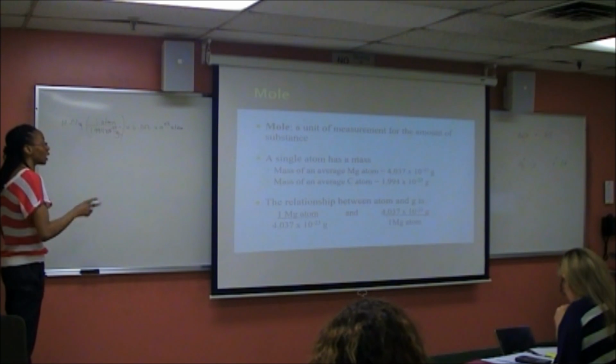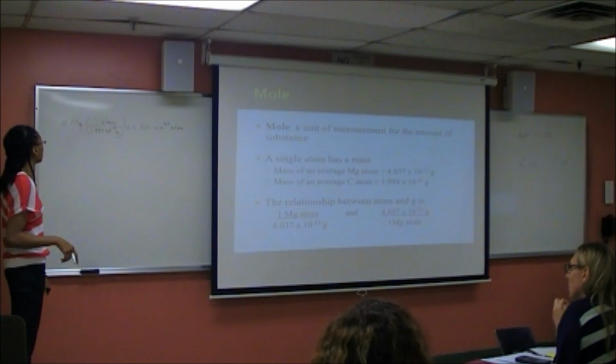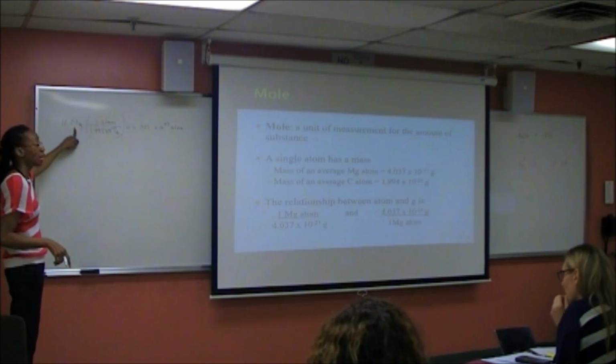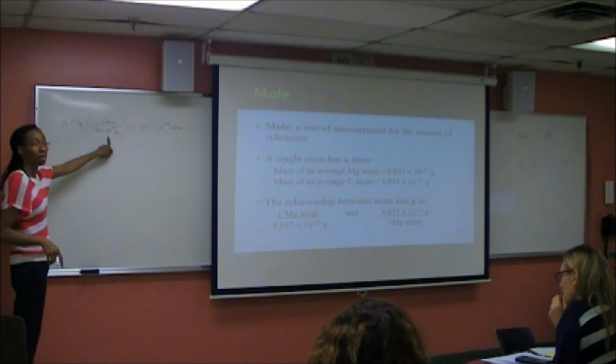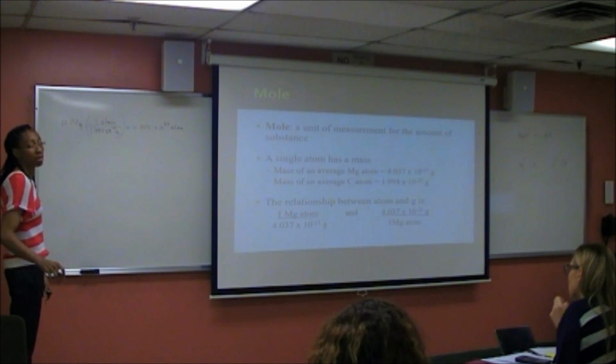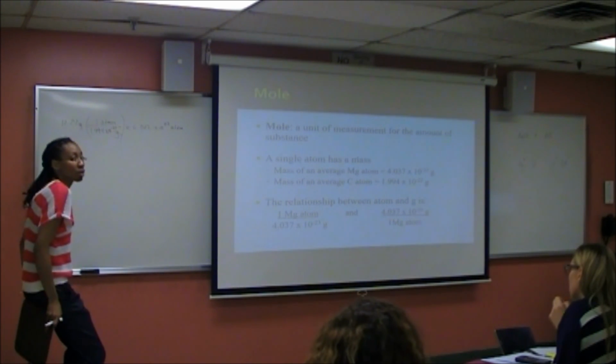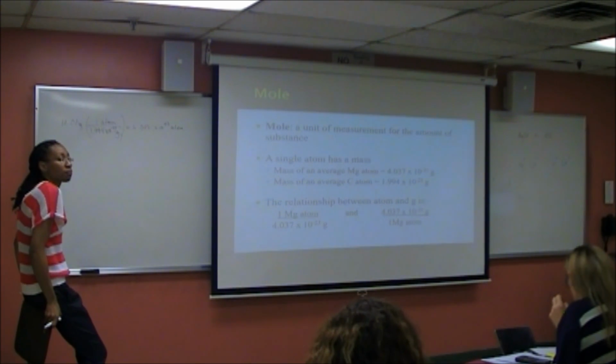Very good. So now we can do the same thing for magnesium. Wait, how did you get the 6? Take 12.01 and divide it by this number. So Professor, the 12.01 is not the carbon's mass number, right? Yes. That's only one carbon?